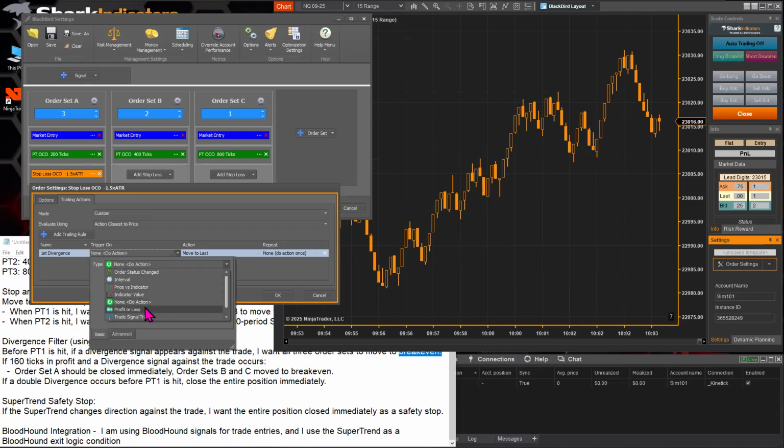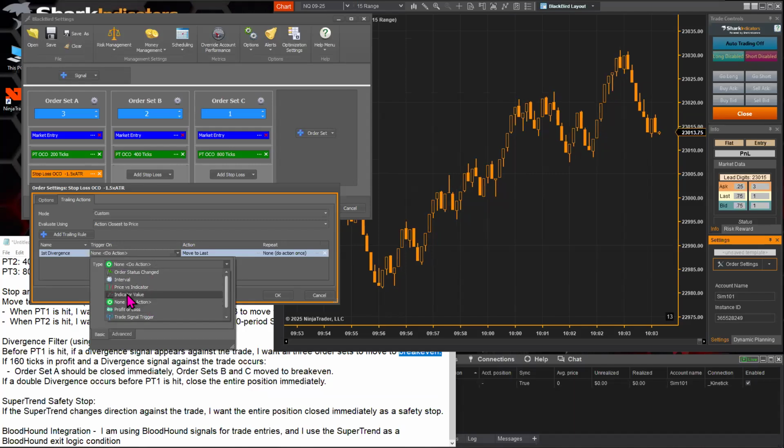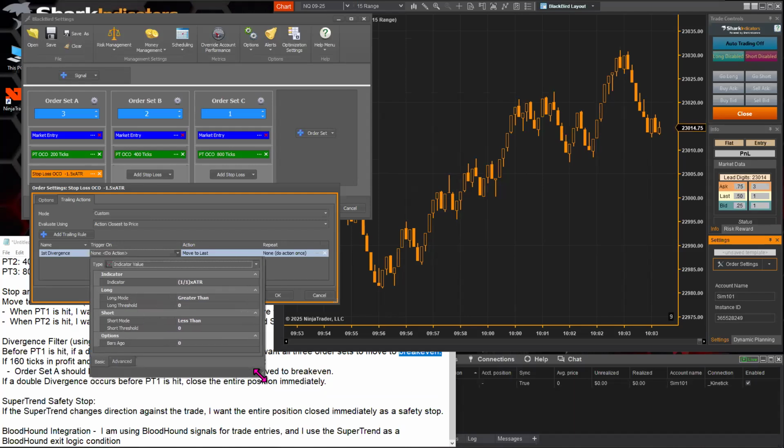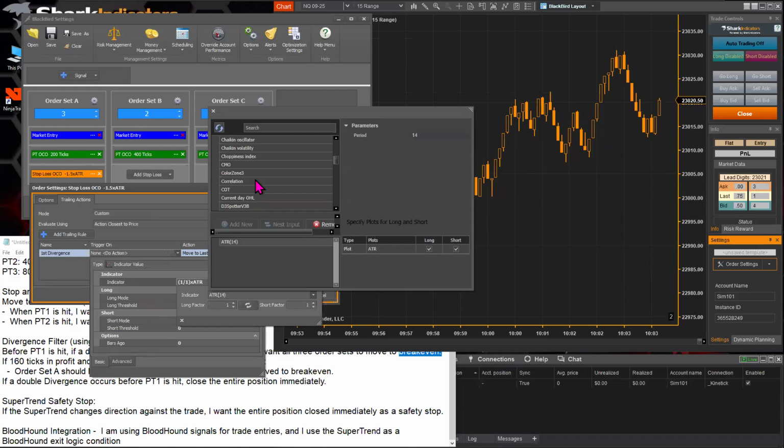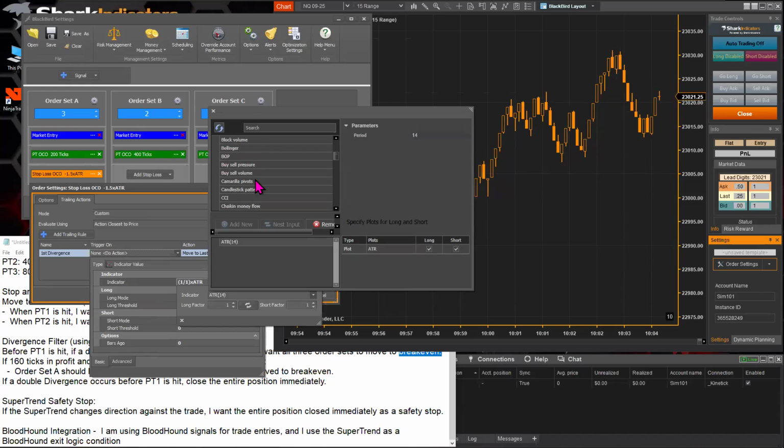So the trigger we're going to use is indicator value. All right, load that up like so. And for the indicator here, I will plug in the NinjaTrader's candlestick pattern. Let's see, where'd it go? I went right by it.